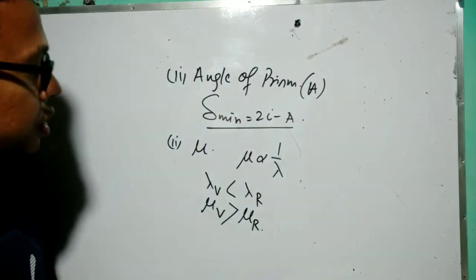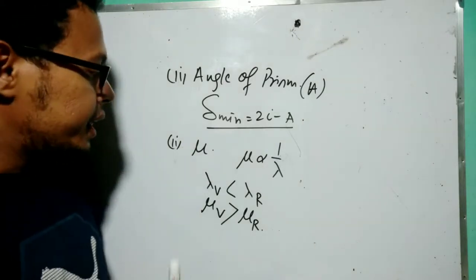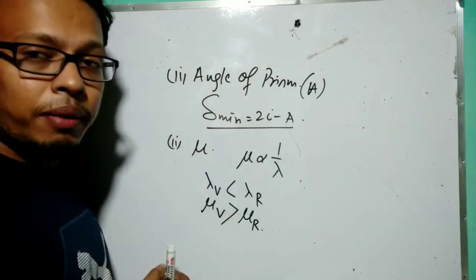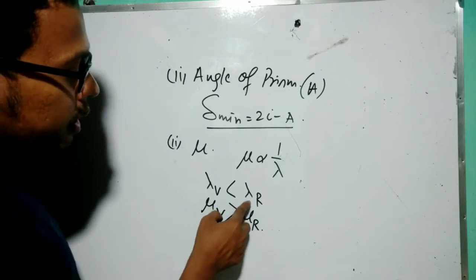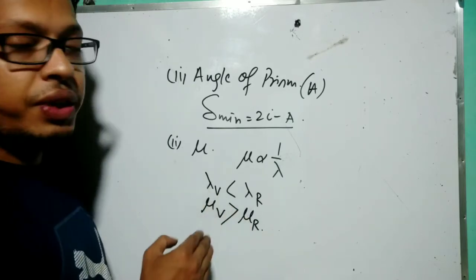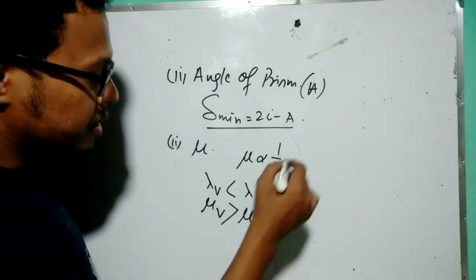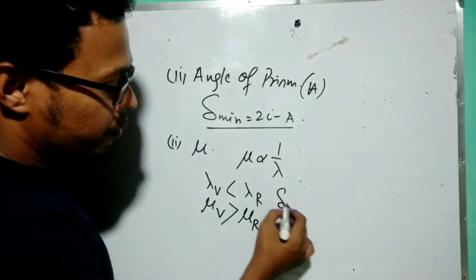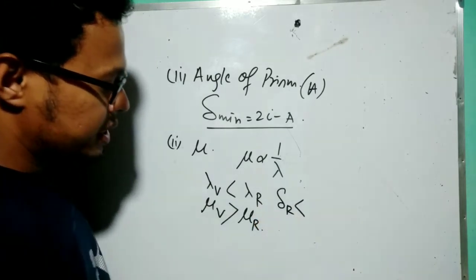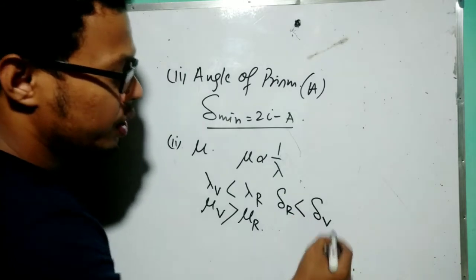Now the relation is the angle of deviation decreases with increase in wavelength, means for the red color the angle of deviation is less, means delta for red is less than delta for violet.